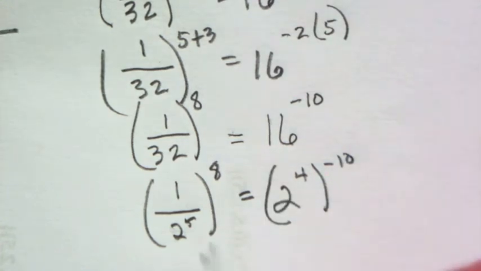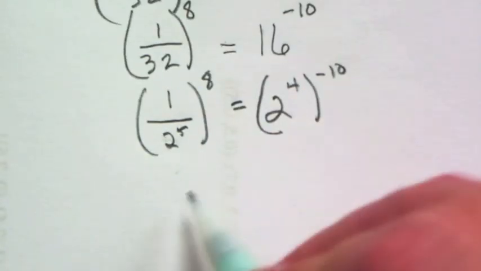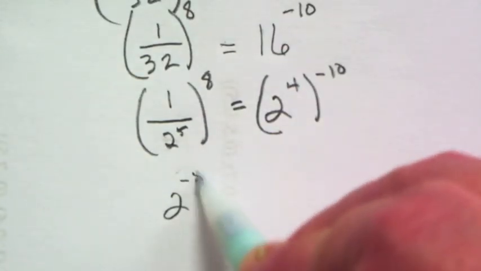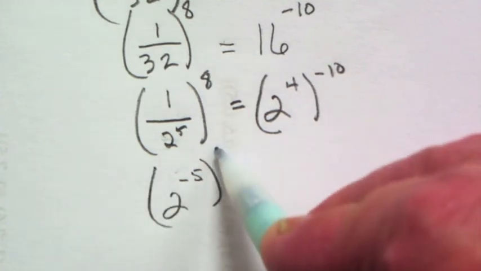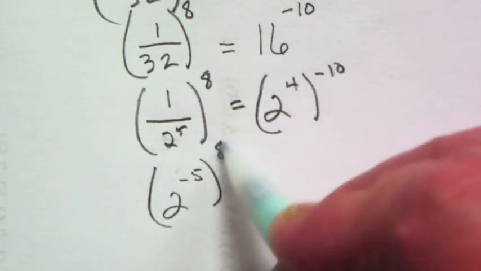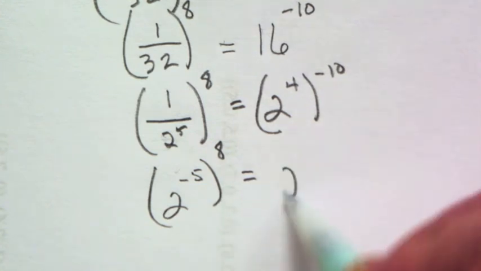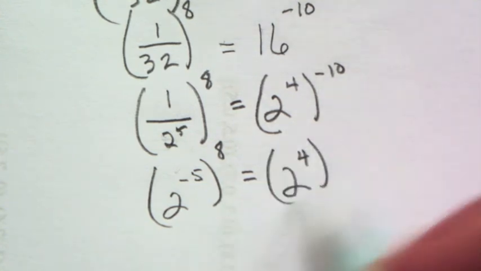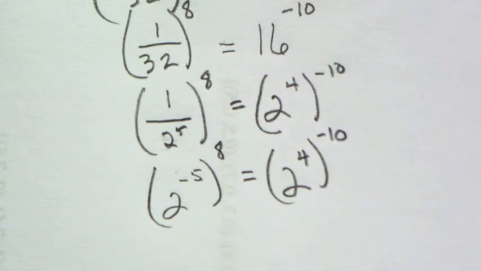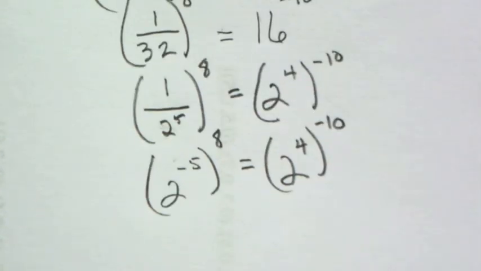Let's see how this works. I can rewrite this right here as 2 to the negative 5 to the 8th power. And this is the power rule over here as well. It's to the negative 10. Now, this should simplify without me having to expand these.